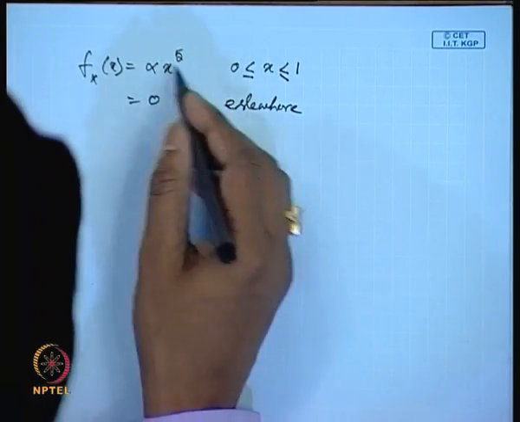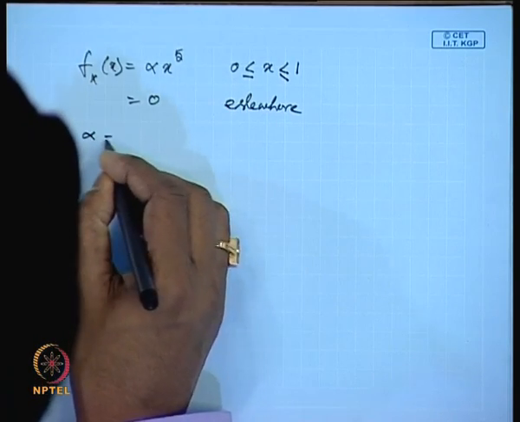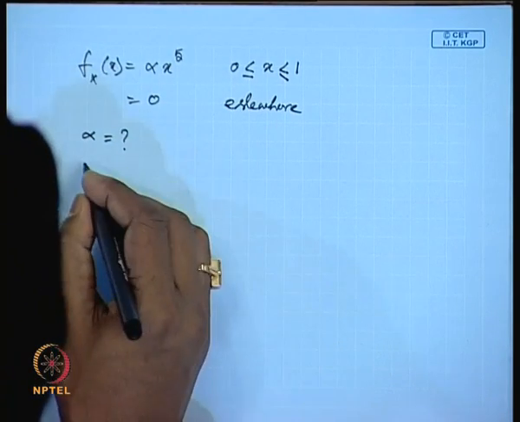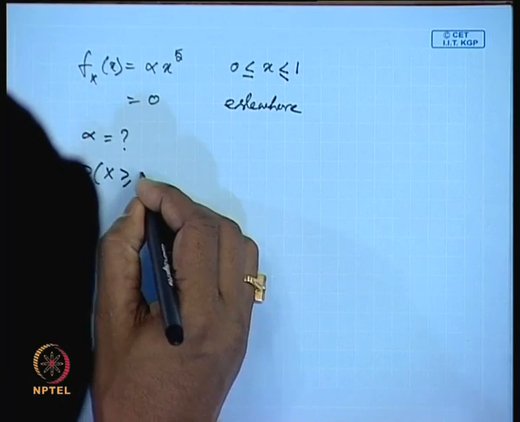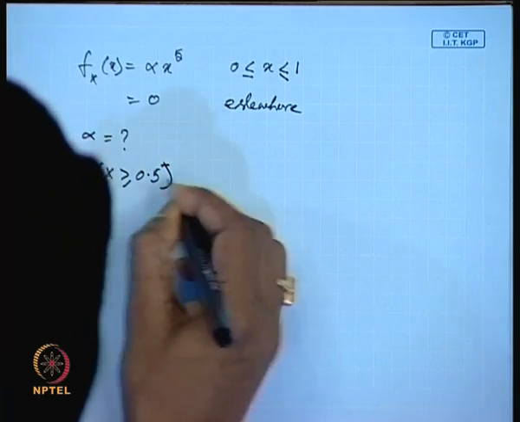For this to be a valid PDF, what is the value of alpha that we have to determine, and what is the probability that x is greater than or equal to 0.5?